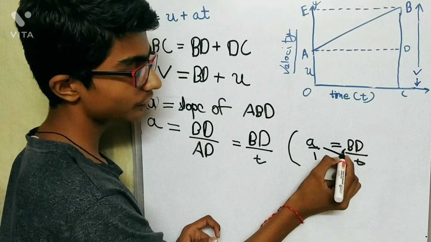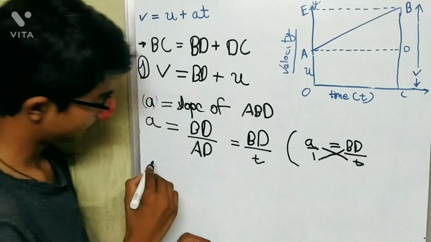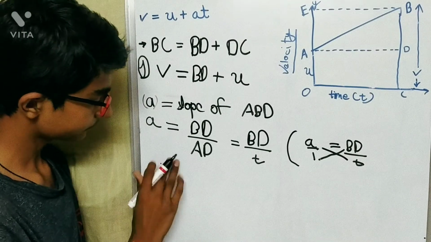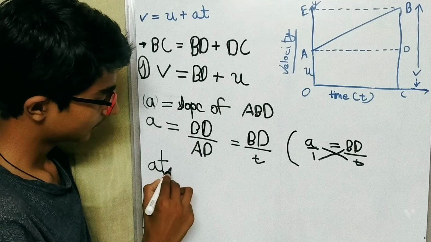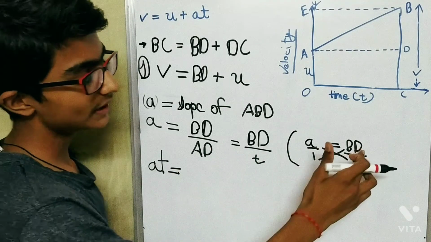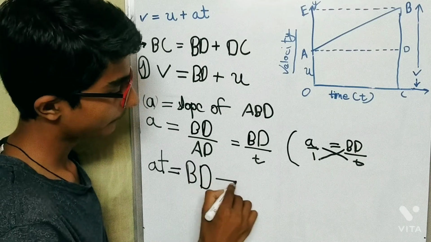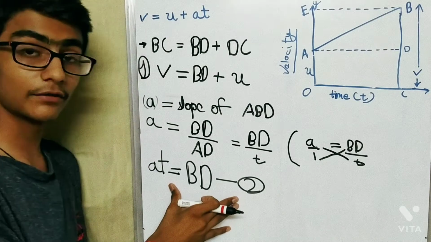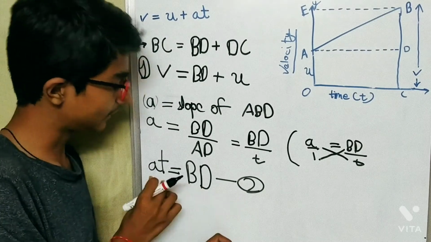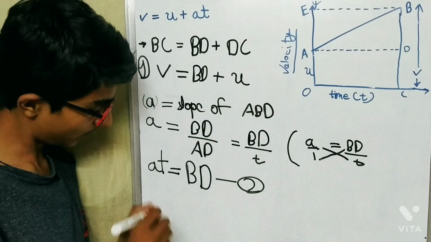Now cross multiplication will give a into t equal to BD into 1, which is BD. Here came the second equation. This was our first equation, this is our second equation, that BD is equal to at.